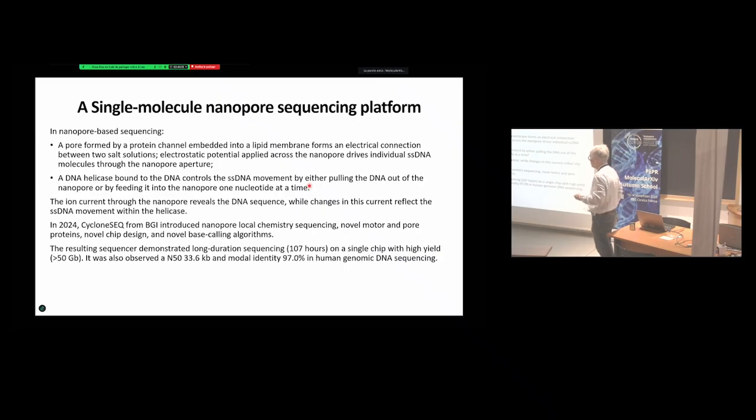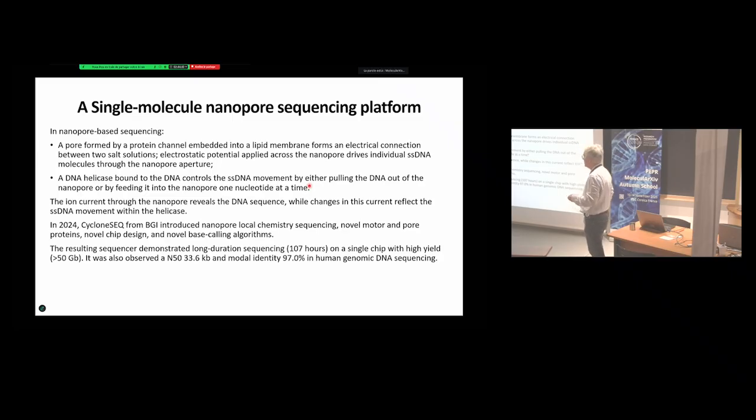And so there is a lot of work to be done for analyzing the signal, and probably we will discuss that later on. But what is important is that there is a major operator in this area that corresponds to Oxford Nanopore. But concurrent to that, there are several companies that are developing their own system.